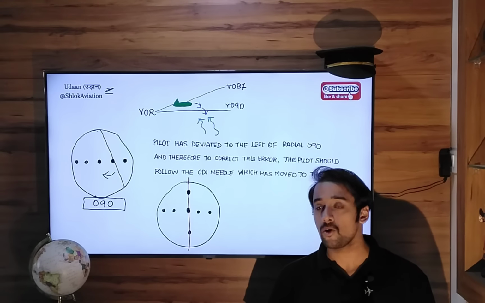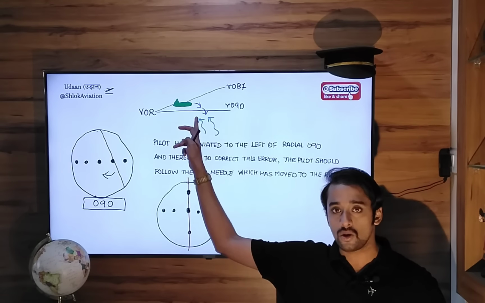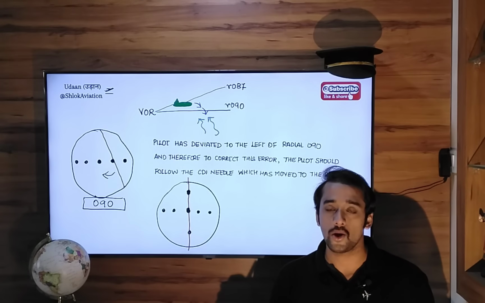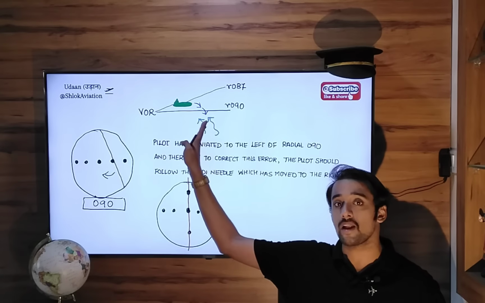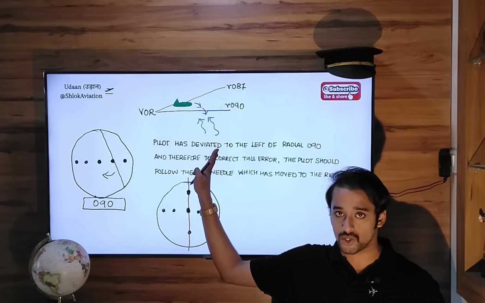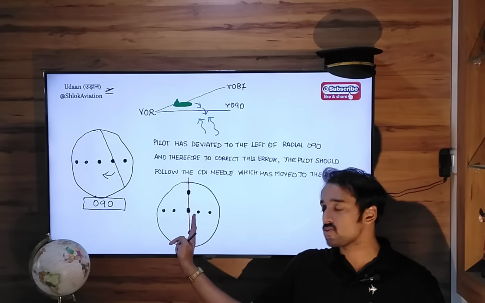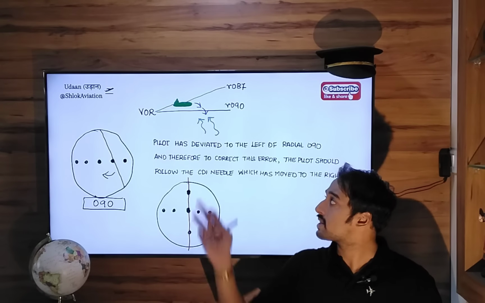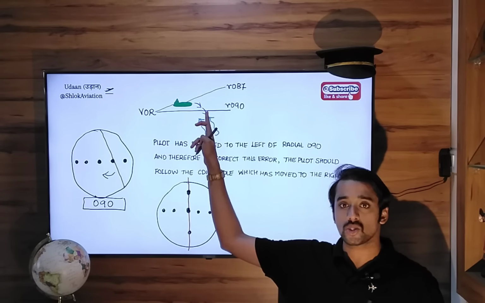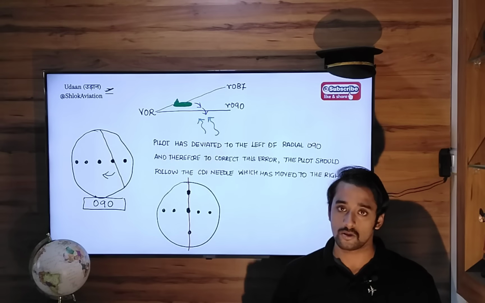So even before you reach radial 090, you should again start correcting your heading, so that you do not overshoot and fly on the other side of radial 090. When the CDI needle is very close to the central dot, start correcting your heading again and then adjust your heading so as to fly radial 090 outbound.